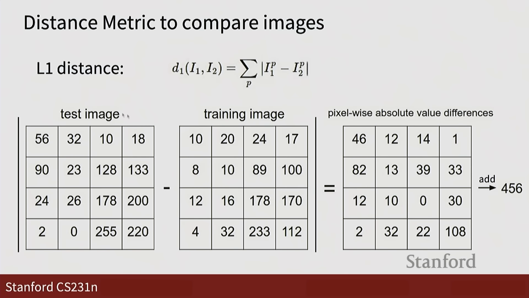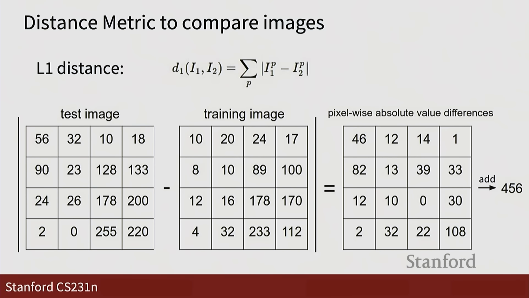As an example, if this is a testing image, if we want to calculate the distance of this image with an image in the training data, we do a pixel-wise subtraction of the pixel values, and then sum them up, which defines this value as the distance between these 2 images.